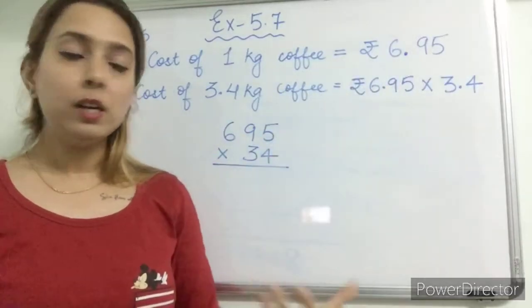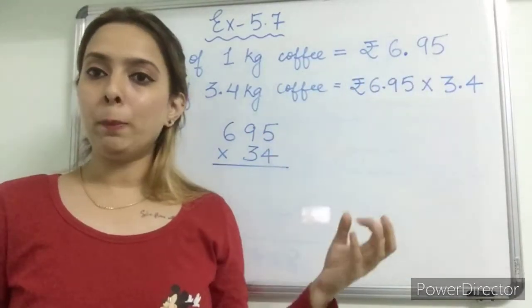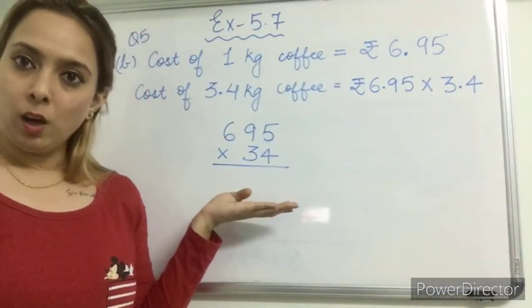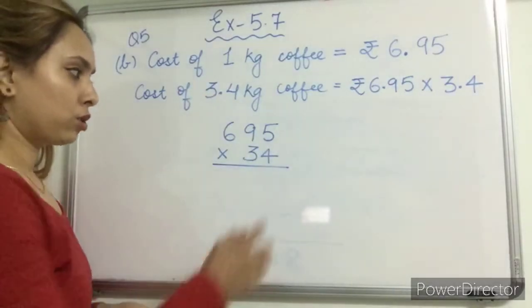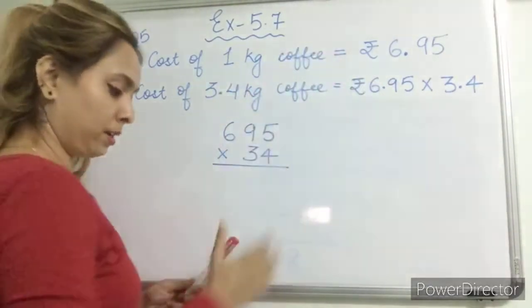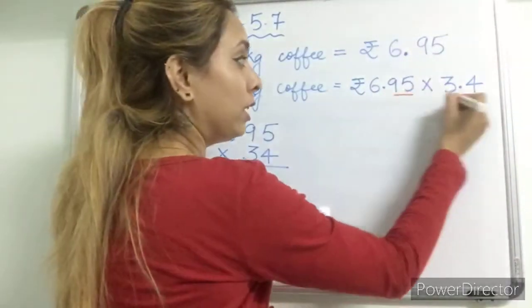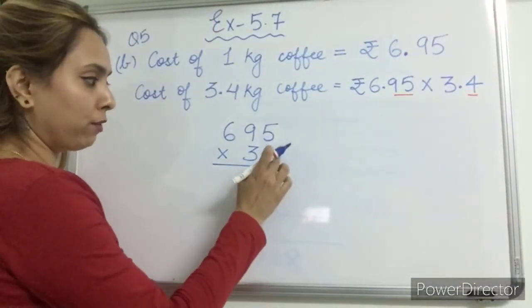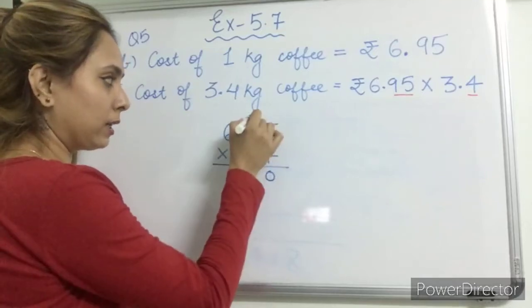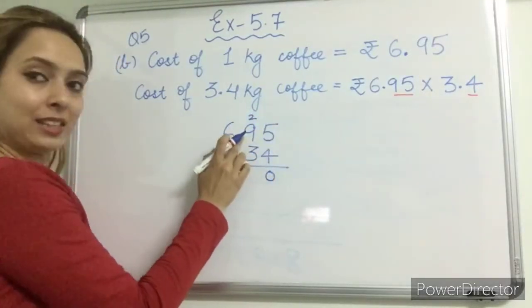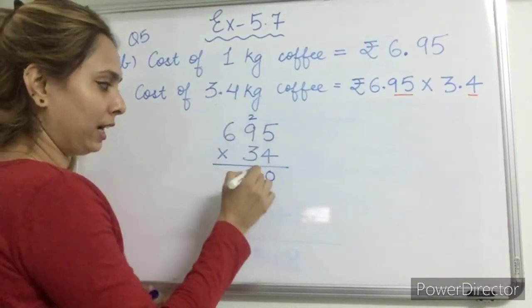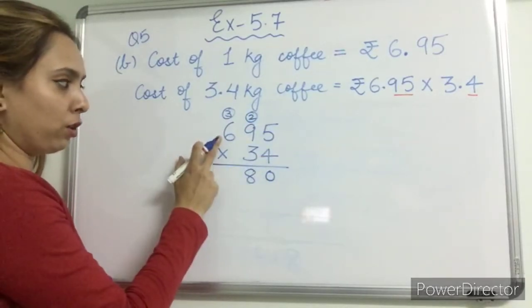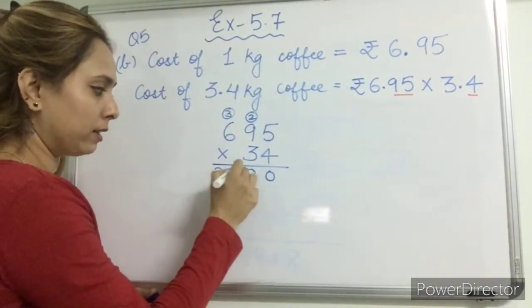Now we have to multiply both the multiplier and the multiplicand, both are decimal numbers. So we will remove the decimal first and do the multiplication normally. I have removed the decimals, but I will consider these decimal places in the answer. So you can multiply normally. 4 5s are 20, 4 9s are 36, 37, 38. Now 4 6s are 24, 24 plus 3 is 27.